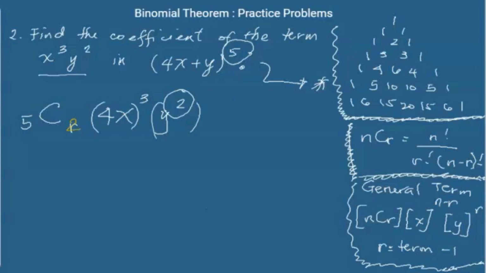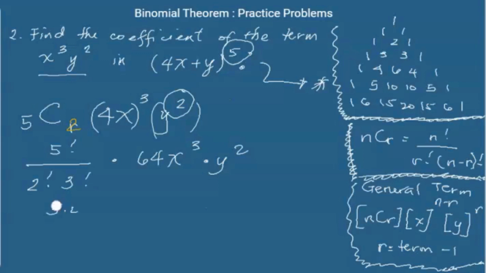All right, so let's proceed simplifying. That's 5 factorial over 2 factorial times (5 minus 2) which is 3 factorial, times 4 cubed is 64 x cubed times y squared. Let's simplify this combination.